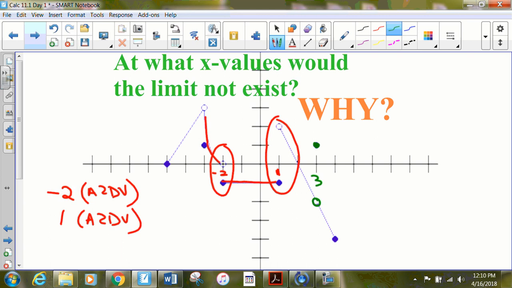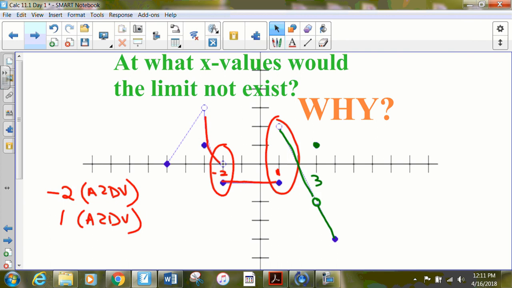The limit does exist because we're looking at what y is doing in general. As x approaches 3 from the left, y is moving down towards -2. And as x approaches 3 from the right, y is moving towards -2. So there would be a limit there.